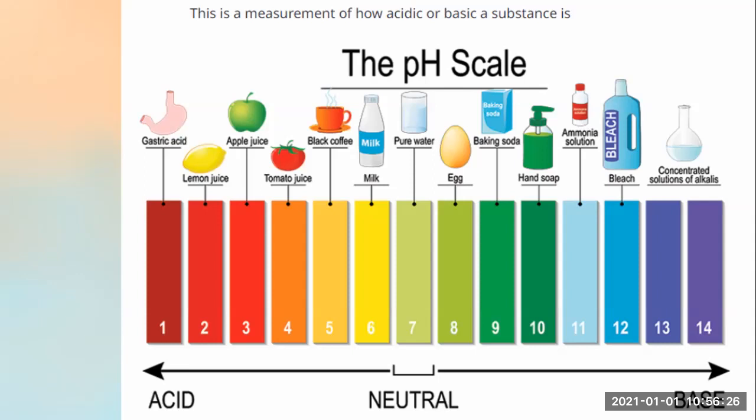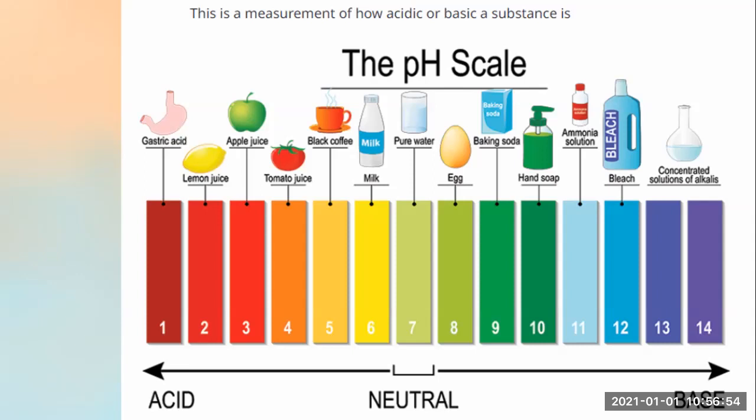I matched it with the pH scale, and what I saw is that the nature of pure water is what? Pure water is neutral. The same thing I obtain for salt solution also, so it means that salt solutions are also neutral in nature.